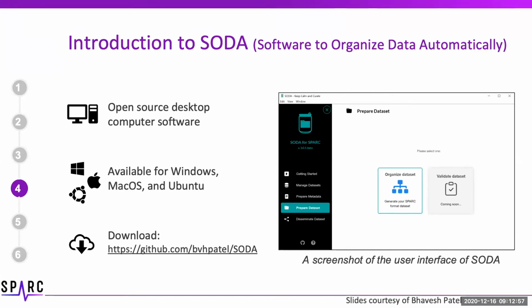SODA is a completely free, up-to-date tool that is installed straight onto your desktop and available for PC, Mac, and Ubuntu. Although the software is in early stages, the team is constantly adding new functionalities, proving SODA very helpful in the data submission process.